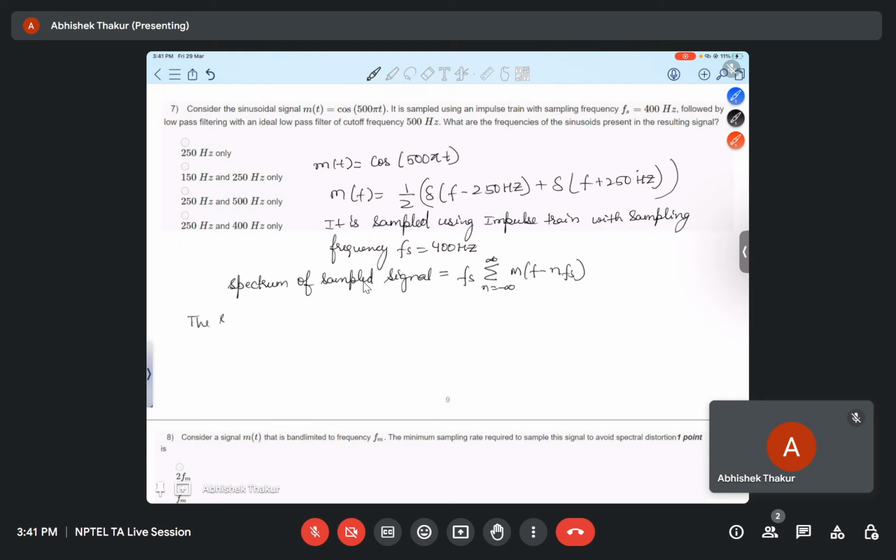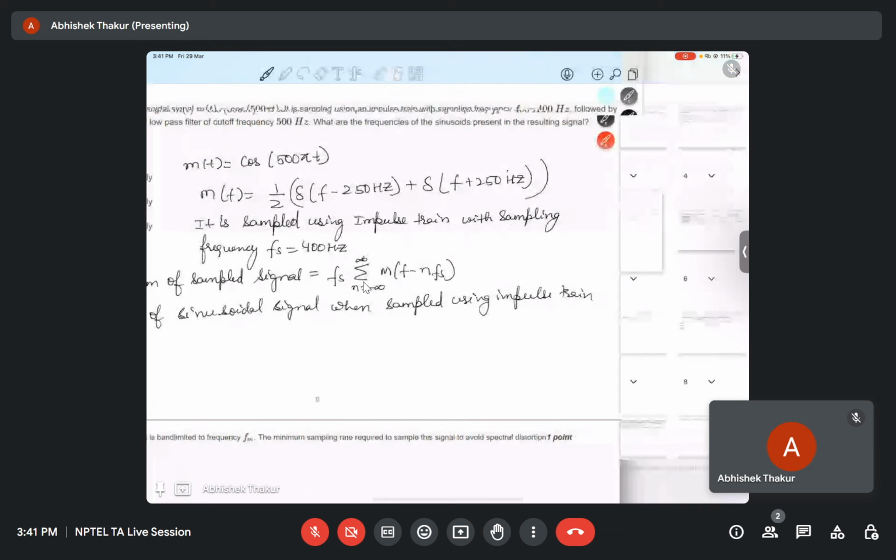The spectrum of the sinusoidal signal when sampled using an impulse train can be given as follows. We'll write all the frequency components present in this, and after that we will apply a low pass filter.